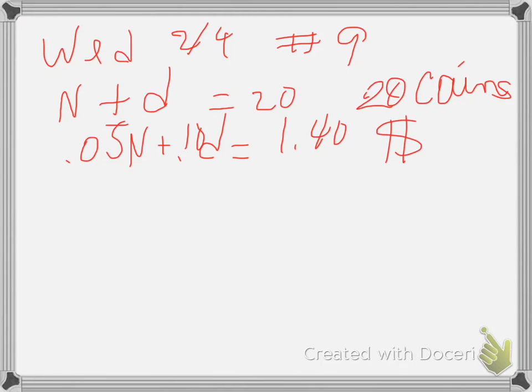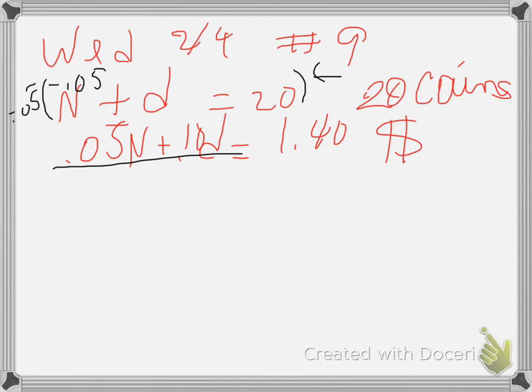Okay, remember elimination, you want to get rid of one of the variables, the n or the d, it doesn't matter, by making changes to one of the equations in order to zero it out. So if I multiply everything across here by negative 0.05, that's going to give me a negative 0.05 for your n.